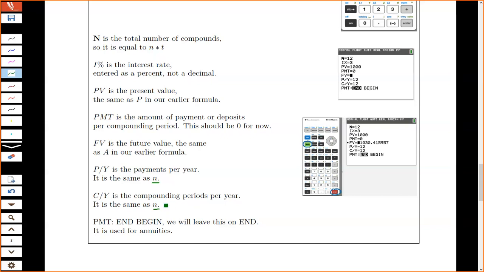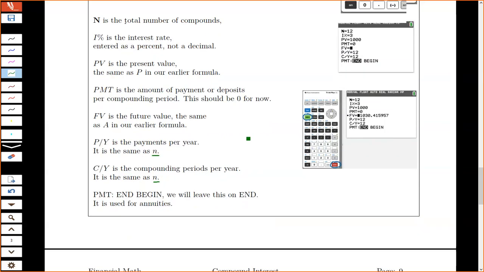You could make these separate, but that's a complexity that we're not going to deal with. This payment end begin thing, we're always going to leave at end. For now, it won't be necessary, but when we talk about annuities and installment loans, then that'll come into play. If we leave it on end, then we'll always match up with our formulas.